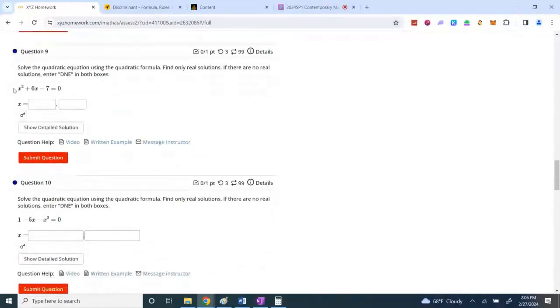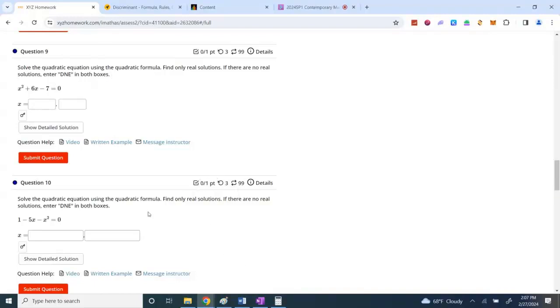For example, number 9. It says solve the quadratic equation, use a quadratic formula. So notice this is a problem where you can't factor it. Well, I guess you can factor it, because you can find two numbers that multiply to give you negative 7, but when you add them, you get 6. Right? You can use a positive 7 and a negative 1.